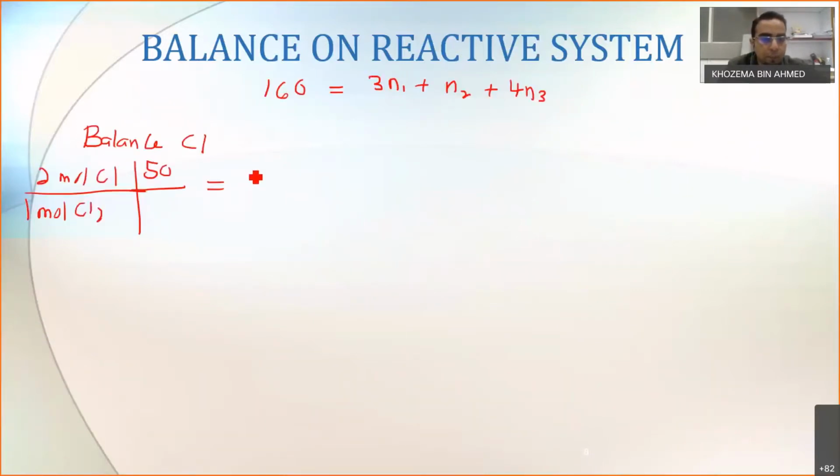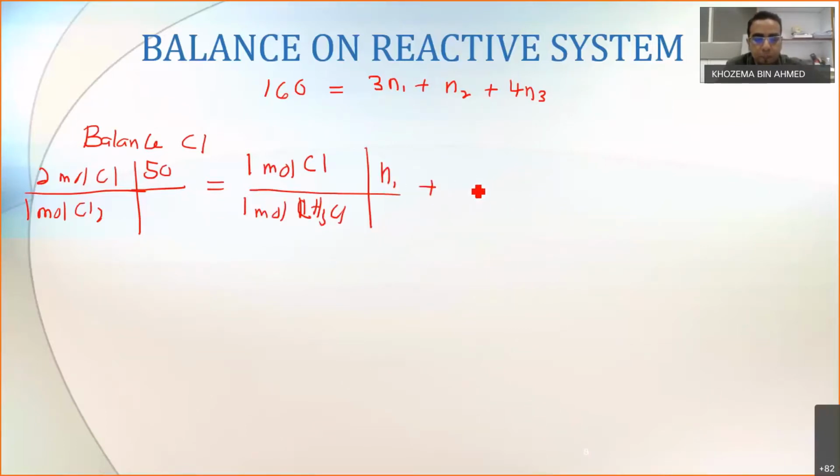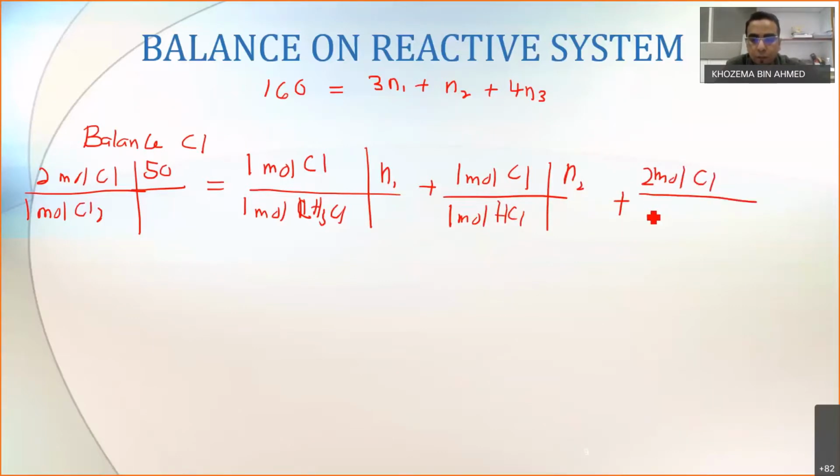So we can say 1 mole Cl in every 1 mole of CH3Cl, and the value is N1, plus 1 mole of Cl in every 1 mole of HCl, and the mole is N2, plus 2 mole of Cl in every 1 mole of Cl2, and the mole value is N4.